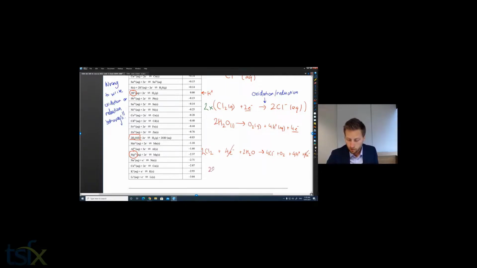So we get 2 chlorine gas plus 2 H2O, liquid, a one-directional arrow, 4 chlorine minus aqueous, plus oxygen gas plus 4 hydrogen ions, aqueous. You need states, that's key. That equation would be worth 1 mark. If you didn't have states and if you didn't have the species correct, you'd lose a mark.